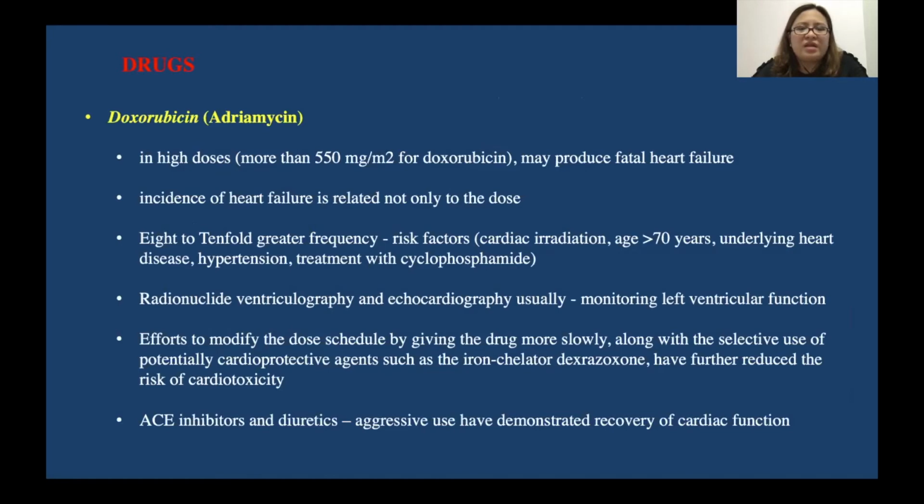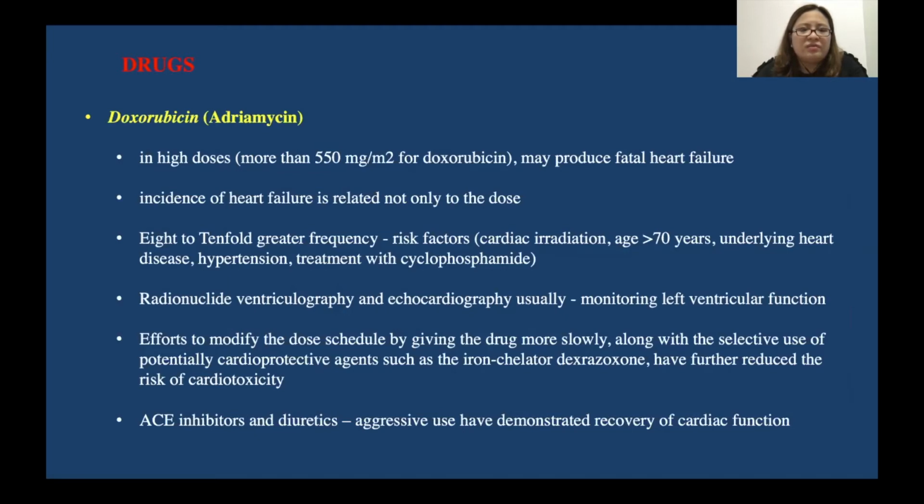Incidence of heart failure is related not only to the dose, because other risk factors such as irradiation, age of more than 70 years old, underlying heart disease, hypertension, and treatment with cyclophosphamide increase the frequency of cardiomyopathy by 8 to 10 fold.